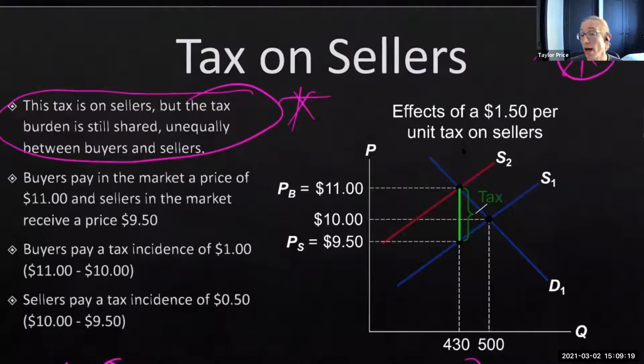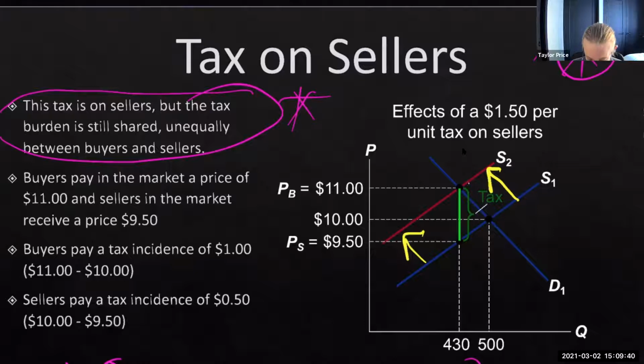In this case, though, the tax is on sellers. So the supply curve is shifting, decreasing and moving to the left. Because of that, there's actually no change in the price that buyers are paying for the good or the price that sellers are receiving for the good.